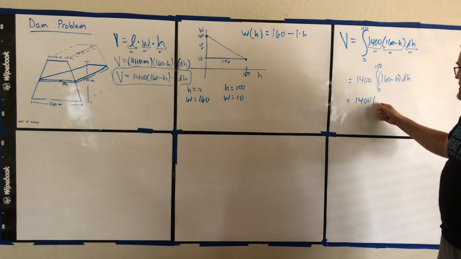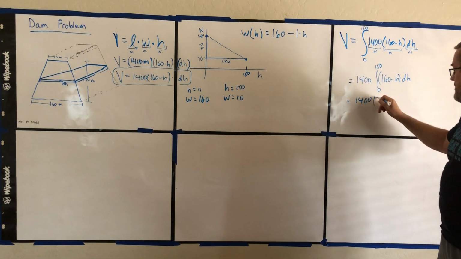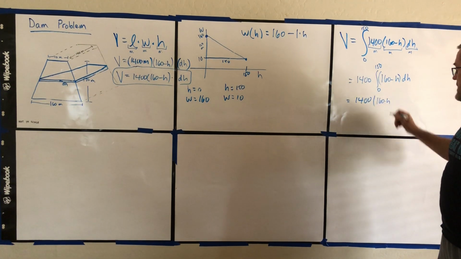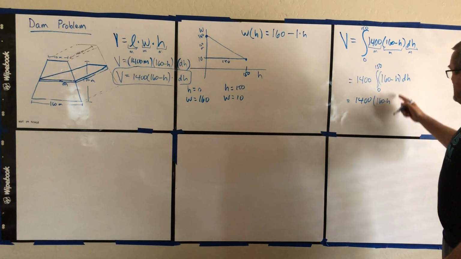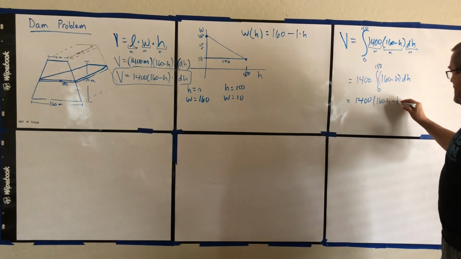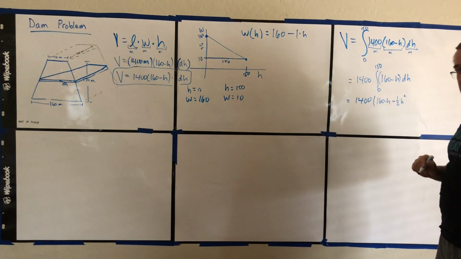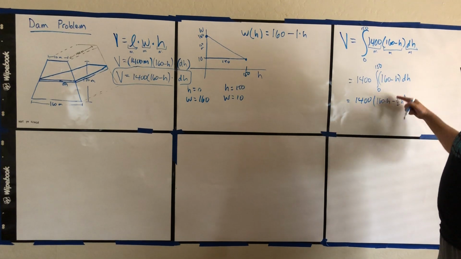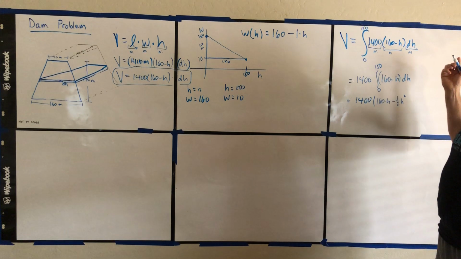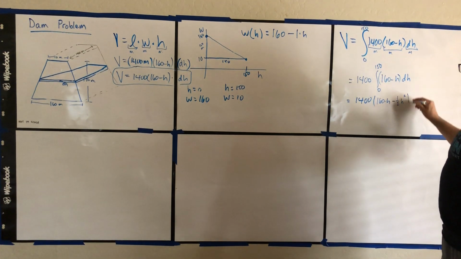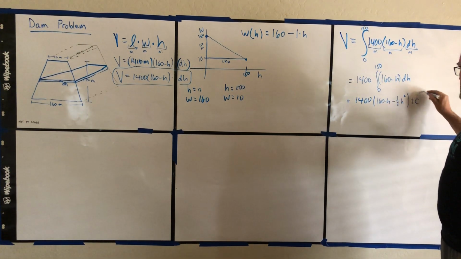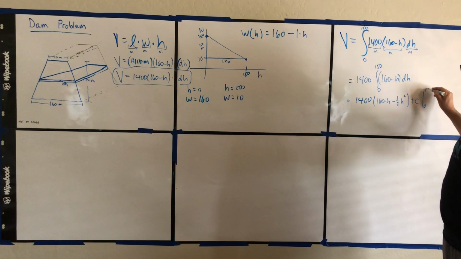What did you take the derivative of to get 160? 160 times h. What did you take the derivative of to just get h? 1/2 h squared. Remember how derivatives work. The 2 comes out front, dies, decrease by 1, just get your h. Plus c, really, but it's not going to matter because this is a definite integral.